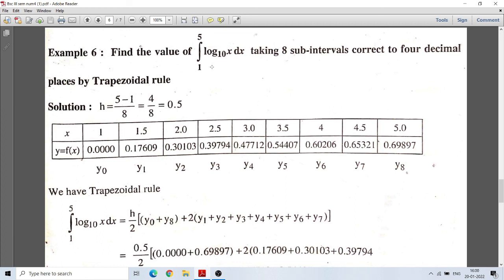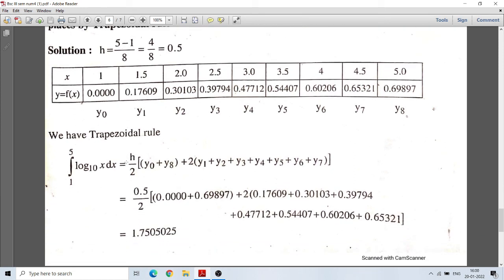Don't consider both to be the same, because base e is different, base 10 is different. Here we are using the logarithm base 10. So use the logarithm base 10, then we get for 1.5 like this, 0.17609, and 2.0 value we get like this. These are all the y1 to y8 values.